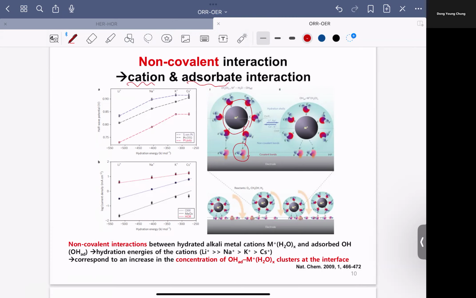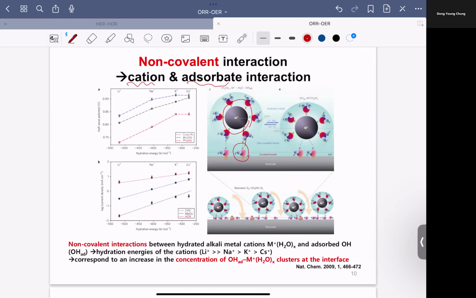So it corresponds to an increase in the concentration of OH adsorption with the cation cluster at the interface. In other words, this interaction can stabilize the OH on the surface and increase the zeta coverage, right? Not surprisingly, the activity goes down, right? Because the activity is dependent on the 1 minus zeta term as a descriptor for the oxygen reduction reaction.